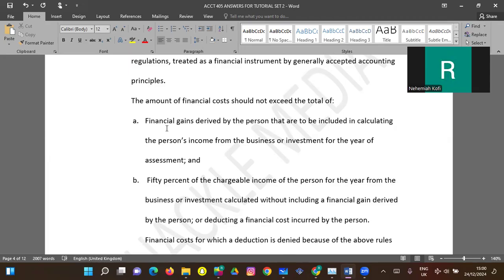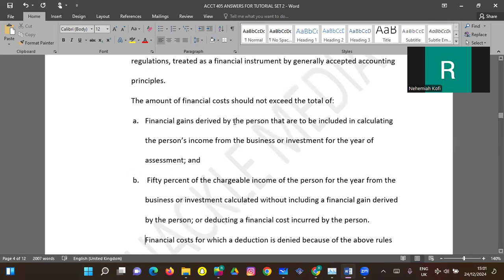So we add the financial cost back, and subtract the financial gain, to get our adjusted profit, and then find 50% of it. Then we add it to our financial gain that's already existing. We will solve some questions and then we will understand this better.